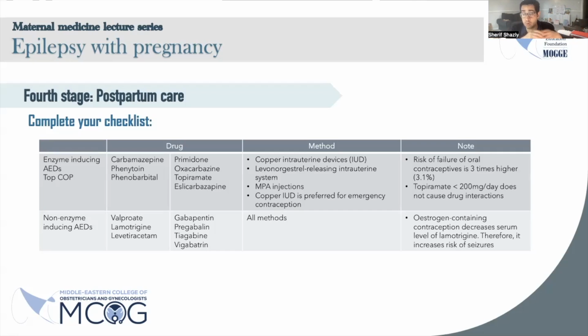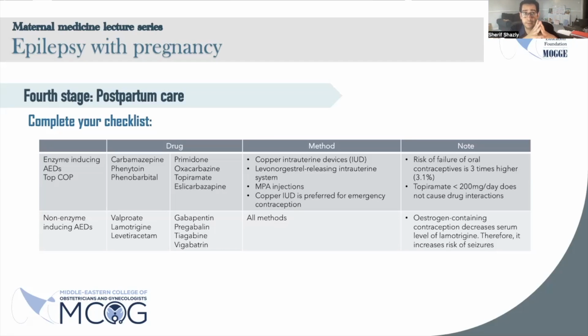So how could I know? This is a list, and I definitely say it's not an emergency. So just review the medications, be sure that they are not enzyme-inducing. You don't have to recall all the medications. But for examination purposes, or for your quick purpose, I would say enzyme-inducing start with top COP. So COP, C-O-P.